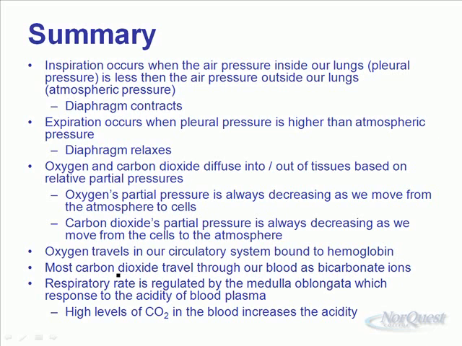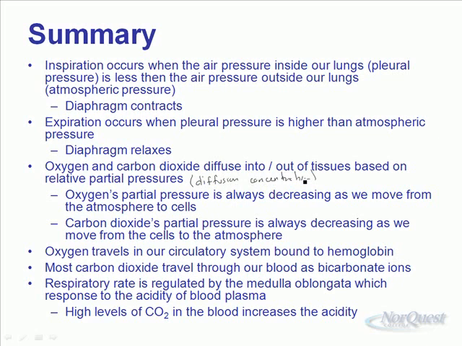Carbon dioxide and oxygen diffuse into and out of tissues based on relative partial pressures. Or another way, it's not quite right, but I like the idea of diffusion. Basically, you can think about even just concentrations. The concentration of oxygen inside of our tissues is always low.